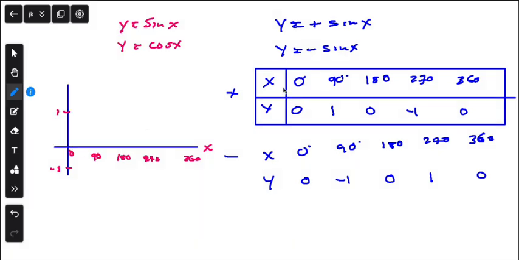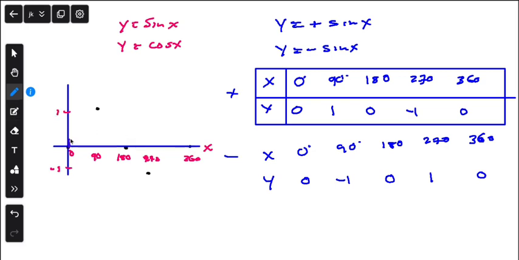So we have 0 degrees and 0, which is somewhere here. Then 90, 1, that is somewhere here. Then 180, 0 is somewhere here. 270, negative 1 is somewhere here. Then 360, 0 is somewhere here.